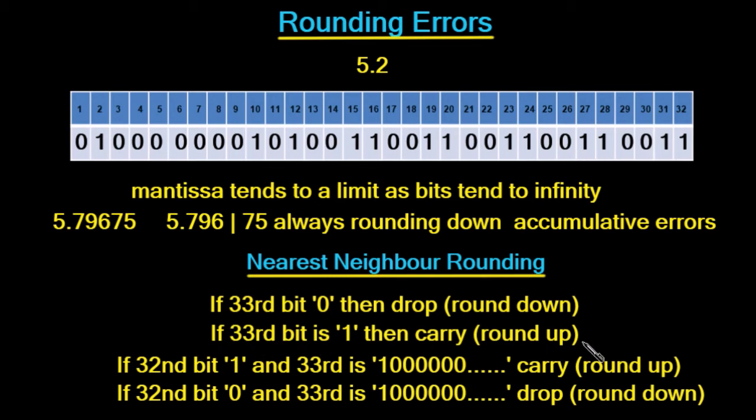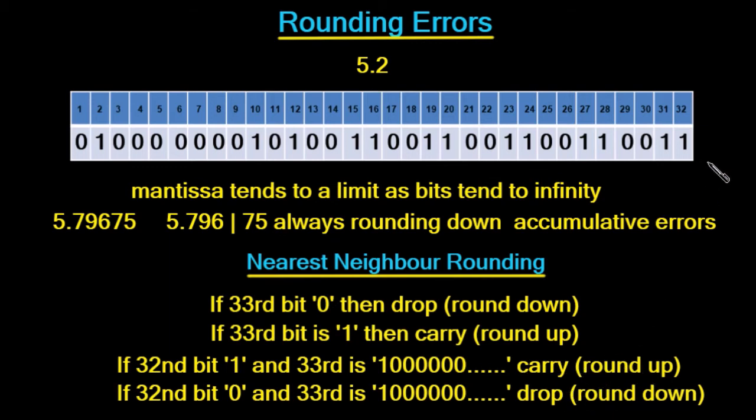Now we have one other possibility, similar to having a number like 5.5, where we have to decide whether to round up or round down, as we're exactly halfway. If the 32nd bit, the actual last bit that we can represent, is a 1, and the 33rd bit is a 1 with all zeros afterwards, then we round up.